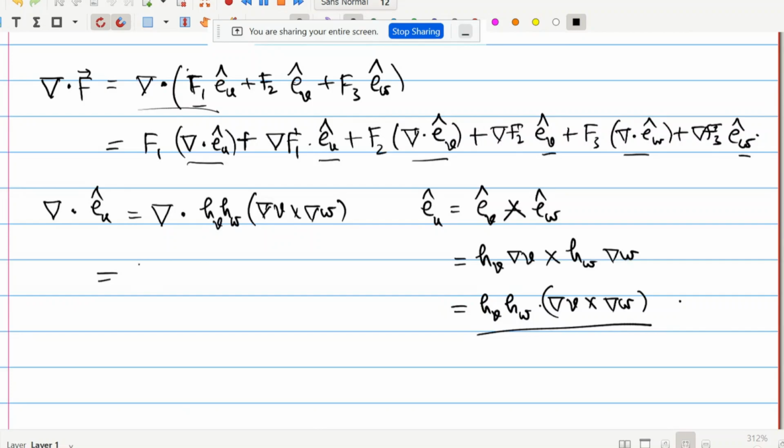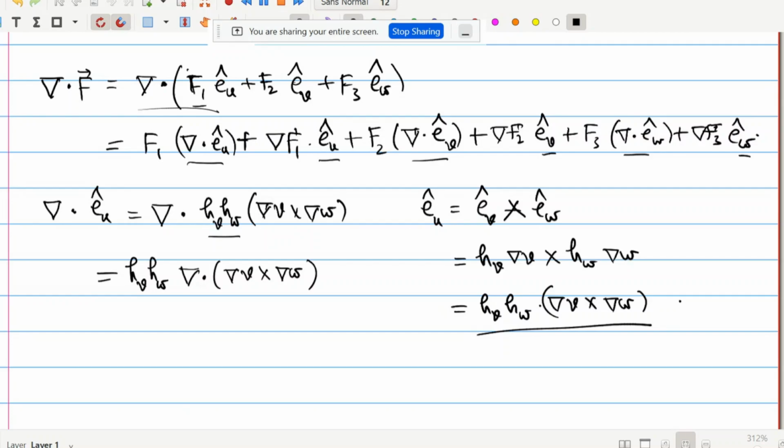So this one you will put outside, hv hw, these are scalar quantities, into divergence of del v cross del w.